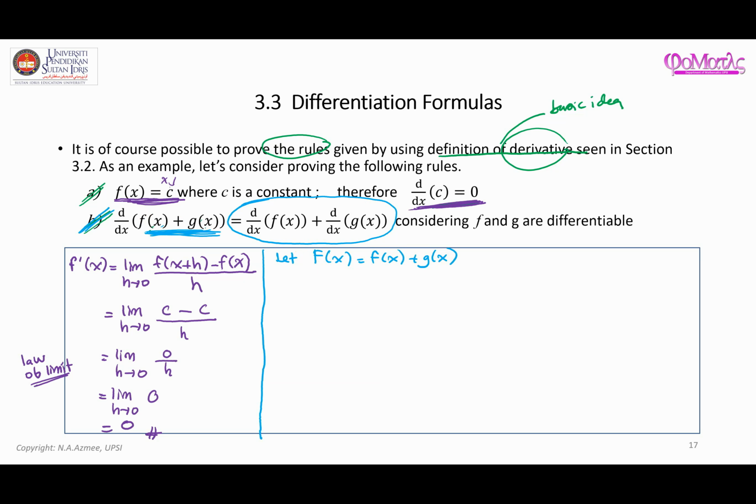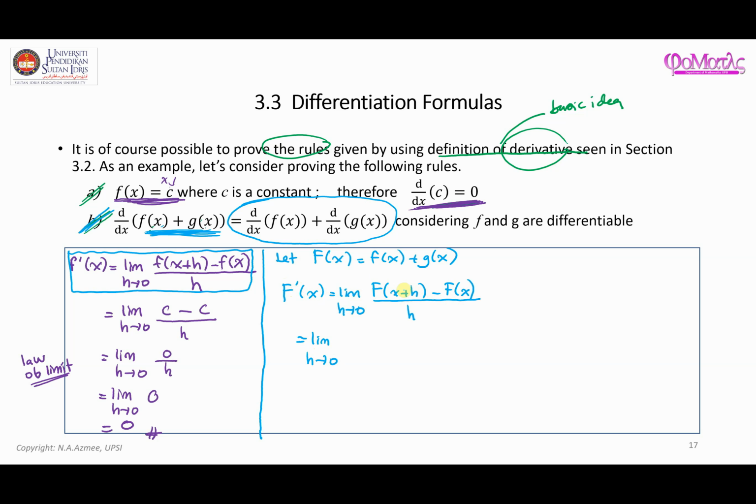Now following the definition of derivative, F prime of x is equal to the limit as h approaches 0 of big F(x plus h) minus big F(x) over h.